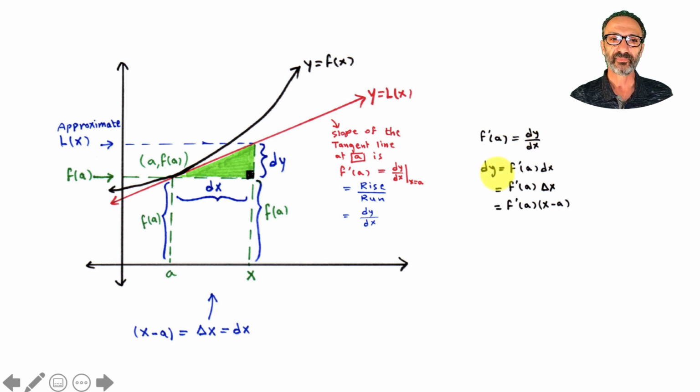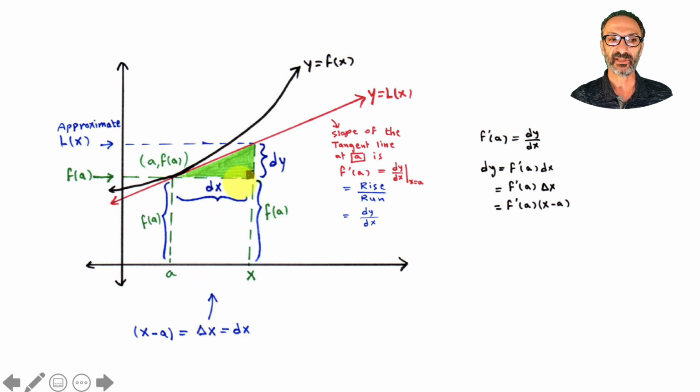Dy is f prime times dx. But dx right here and dy right here as a rise and run tells me from the previous pictures that dx is the same thing as delta x.